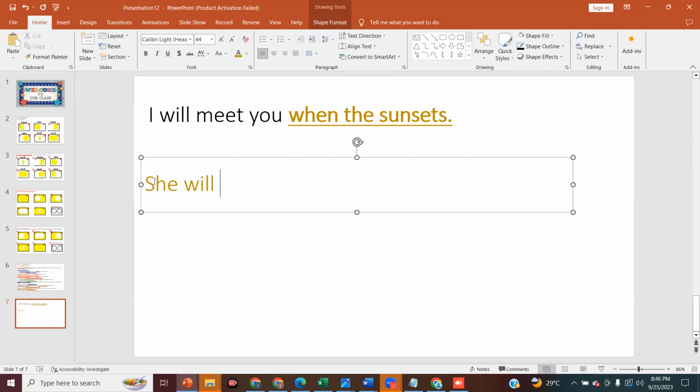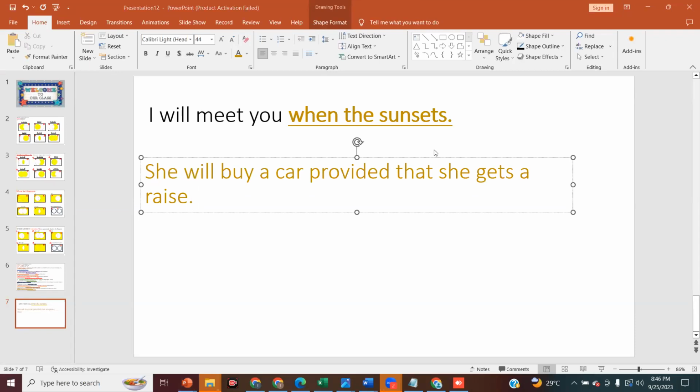She will buy a car provided that she gets a raise.